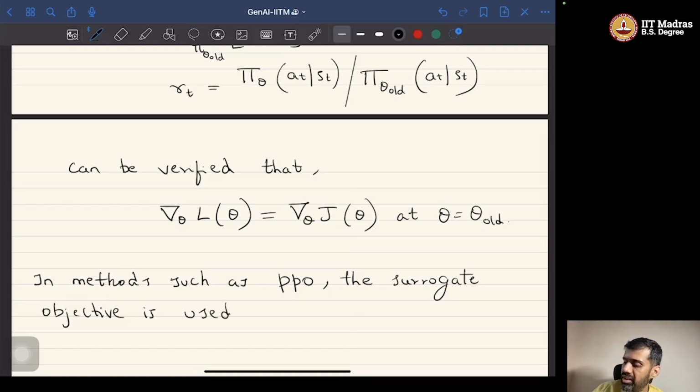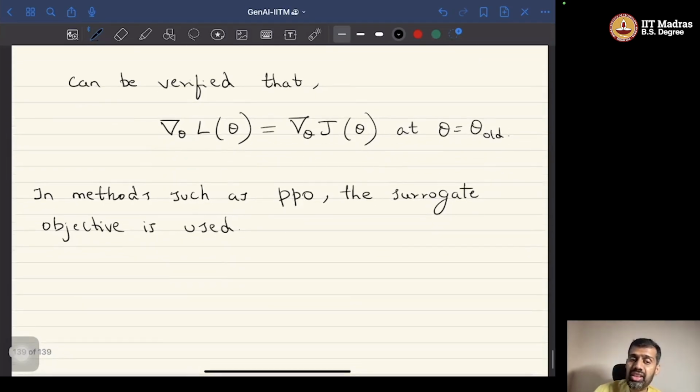So this is why we need this. If you look at the expressions that are used for PPO, TRPO and so on, you would see that the objective function that is used will have this particular surrogate, but not the form that is used for the policy gradient theorem. This is simply because the derivative of the surrogate is exactly equal to the derivative of the objective function that we need.